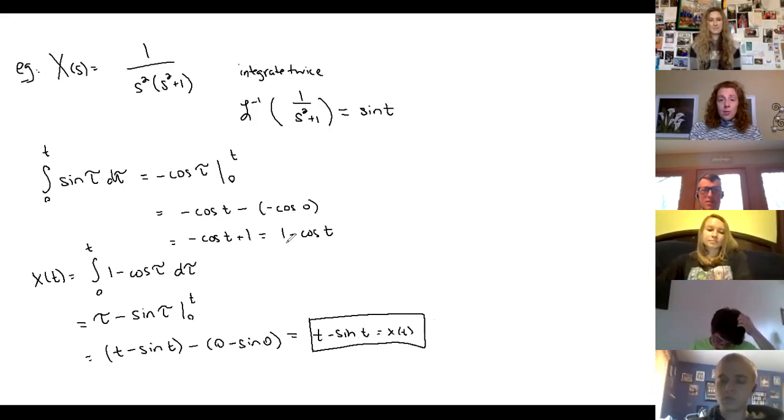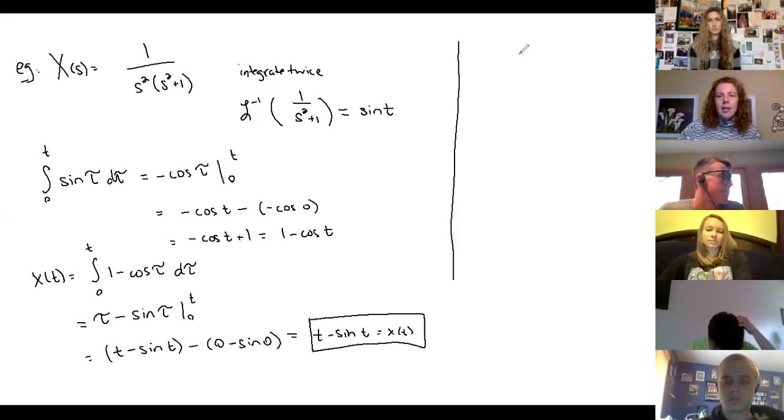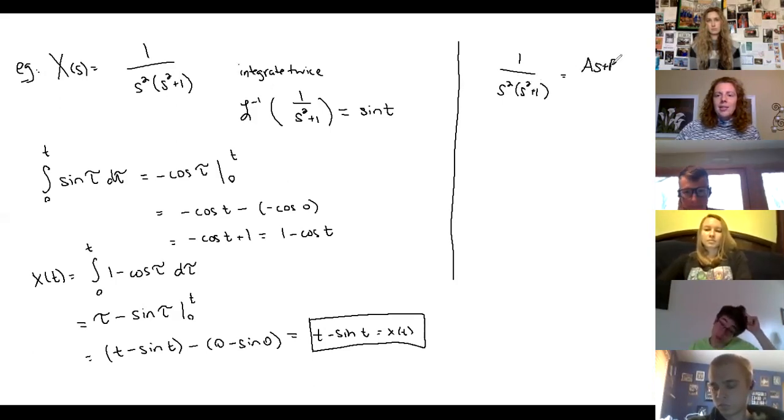So notice what we did. We had no partial fractions that we had to deal with at all in this case. If you wanted to, you totally could have done it with partial fractions. I'm not going to do this, but we could set it up. We could also say that 1 over s squared times s squared plus 1 is (as plus b) over s squared plus (cs plus d) over s squared plus 1.